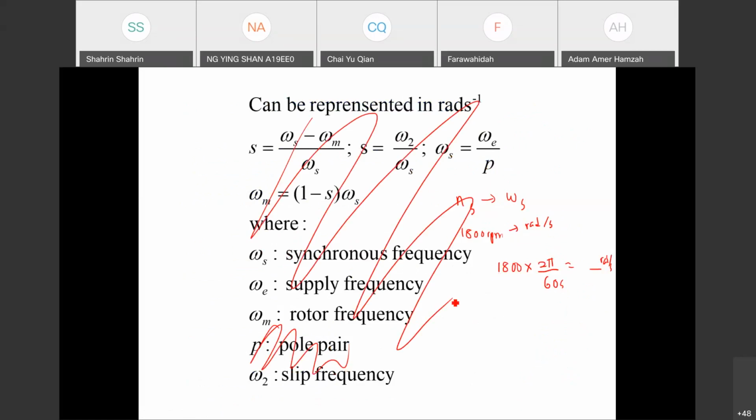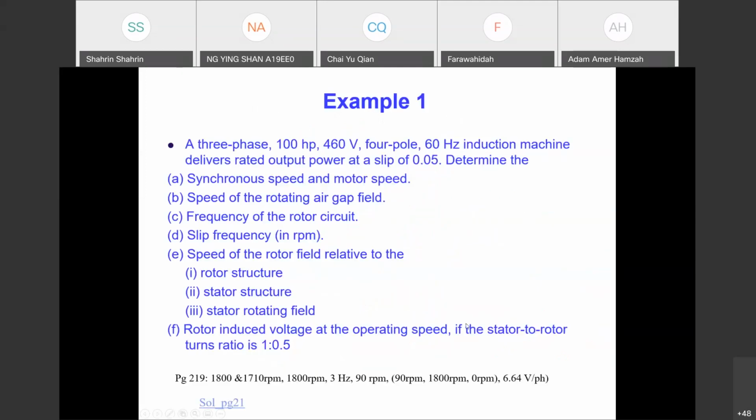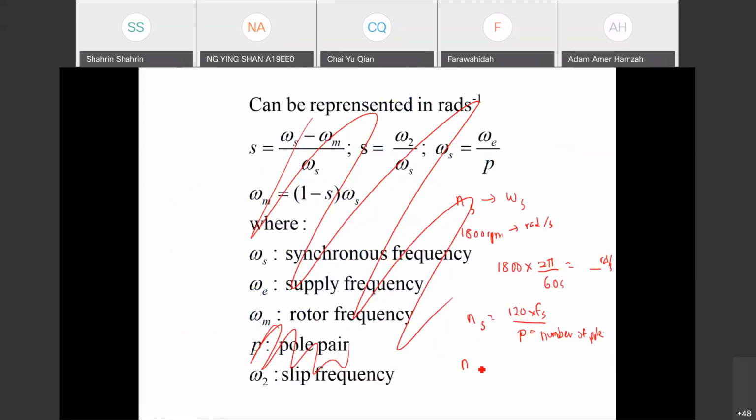Because one more thing that I want to highlight is that for the synchronous speed, which is 120 multiplied with the frequency supply over P, this P is actually the number of poles. But there are also textbooks or other reference books that use NS equal to 60 multiplied with frequency supply over P. Please don't be confused.